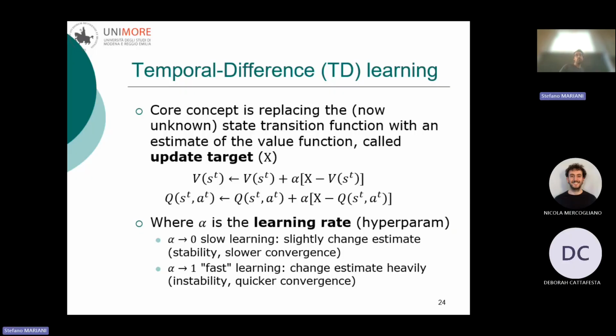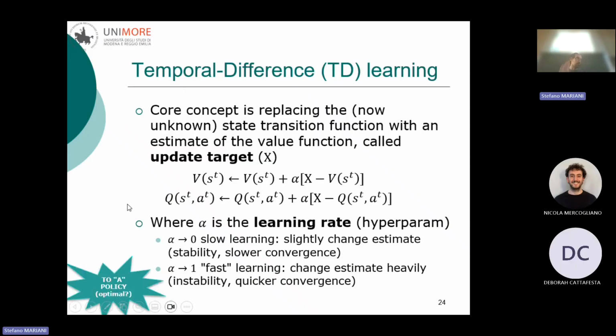That's why, for instance, one naive but honestly legitimate way, and on average it works very good, to change the learning rate dynamically is to set the learning rate low at the beginning and high at the end. The more I collect examples, the more I trust my estimates.